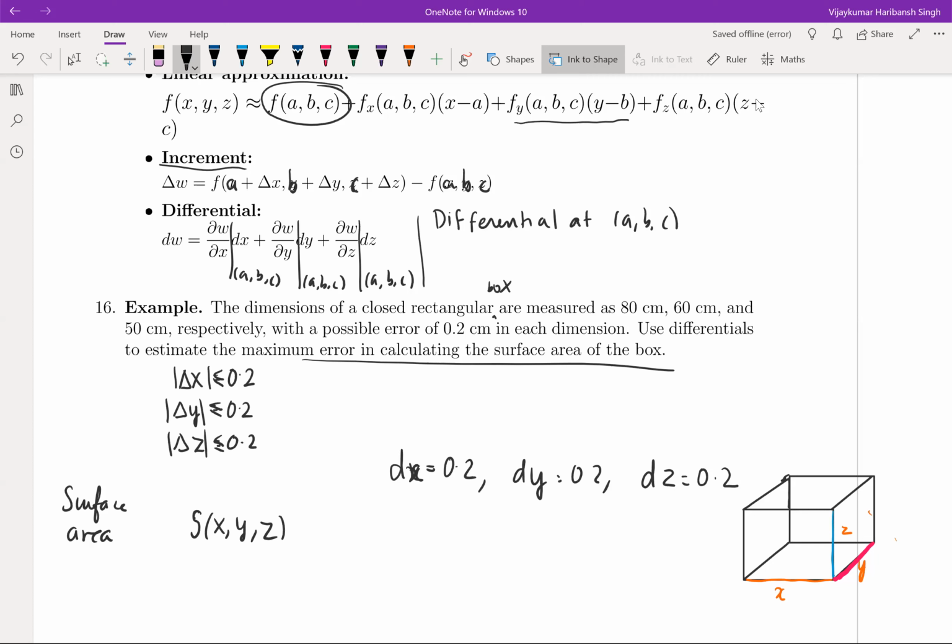Its surface consists of 6 rectangles. The first frontal rectangle has area xz, so it's going to be 2xz. Similarly, the side rectangle is going to be 2yz. This one and this one is 2xy.